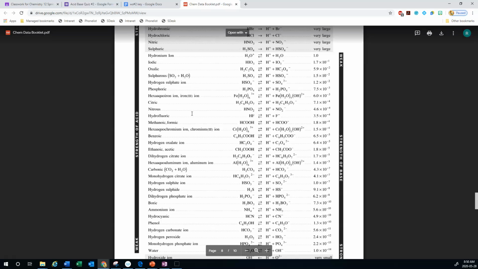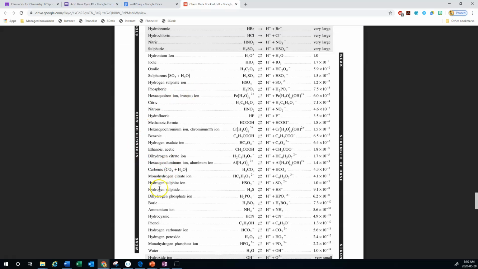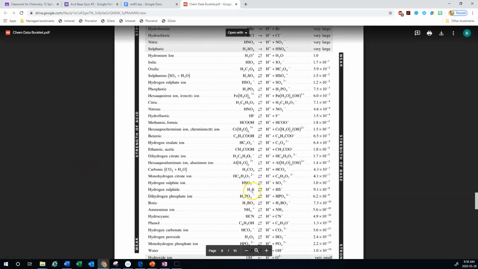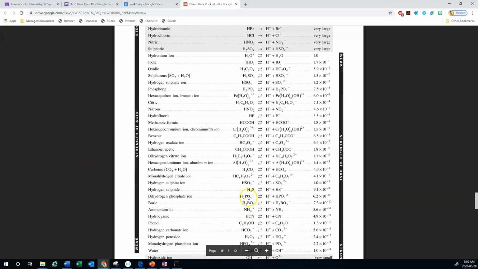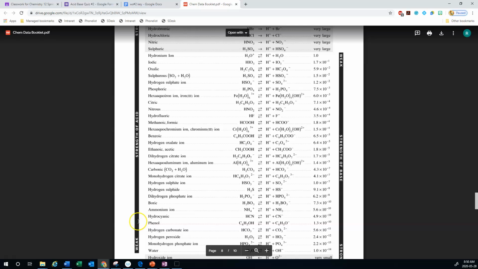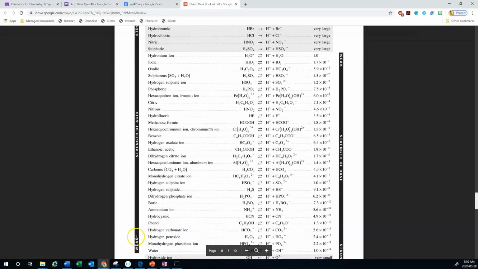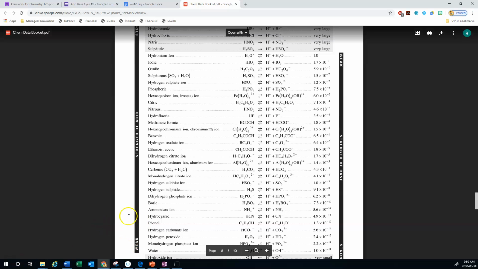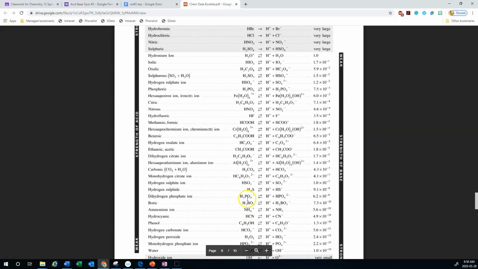So we are looking for H2S. Here we go, H2S. And we are looking for HCN. So which one is the strongest acid, H2S or HCN? On the acid side, we are looking for things going up as the strongest acid. So H2S is a stronger acid than HCN.